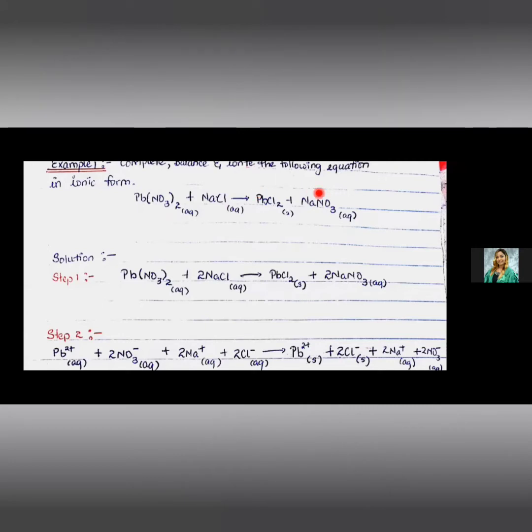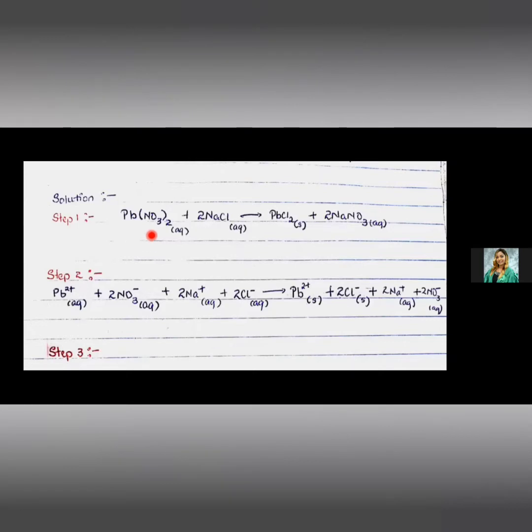So step number 1 is to balance your equation. So I say, all right, I had 2 nitrates on this side. I put a 2 in front here to get the 2 nitrates here. That 2 is also going to apply to the Na. So I put that 2 there to balance the Na, right? And it also balances the Cl on either side. So I write my balanced equation first.